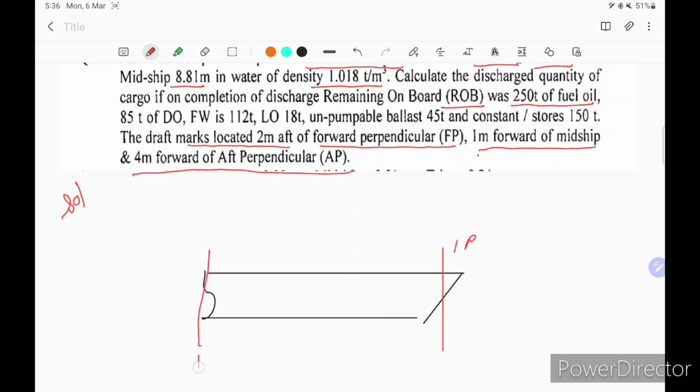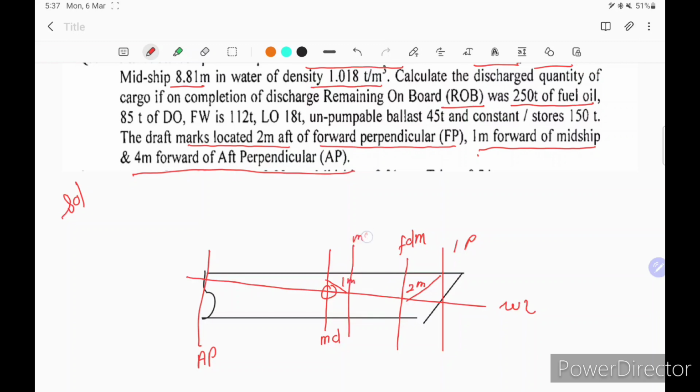This is our aft perpendicular. Now the draft mark is located 2 meters aft of the forward perpendicular. So this is our water line. So 2 meters aft of the forward perpendicular, this is our forward draft mark. 1 meter forward of midship, so this is the mid draft mark, 1 meter forward.